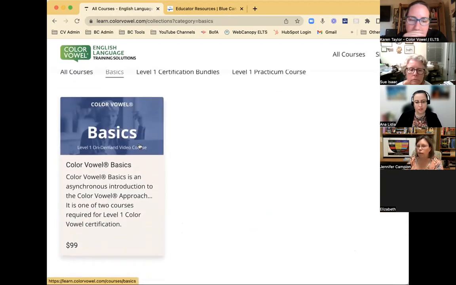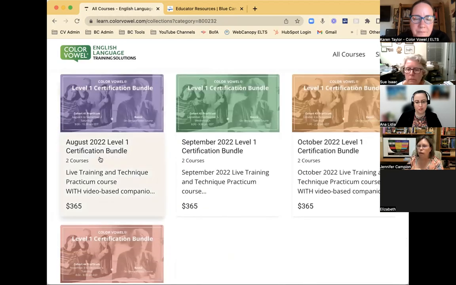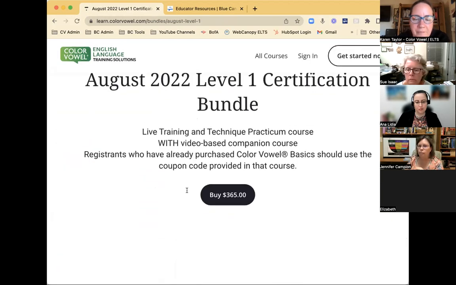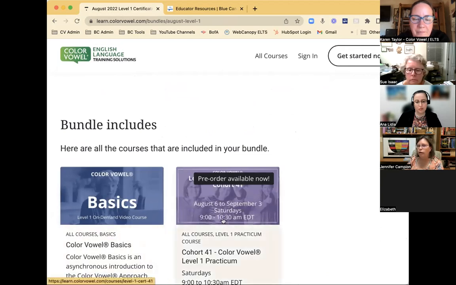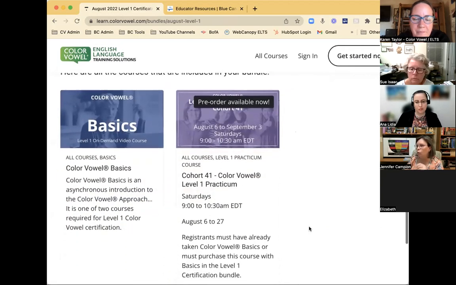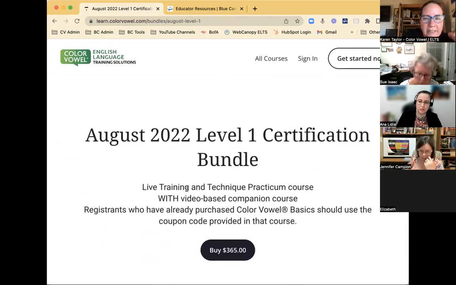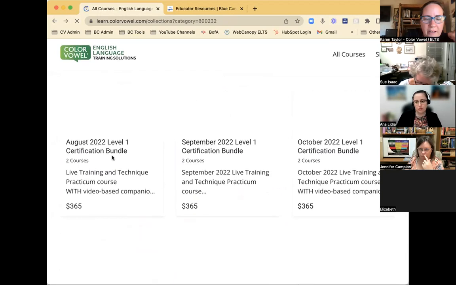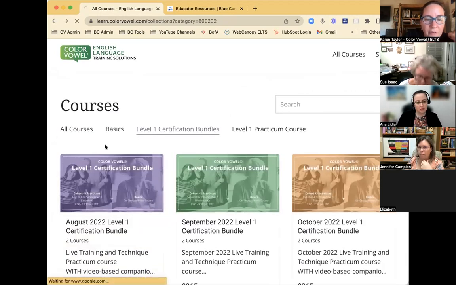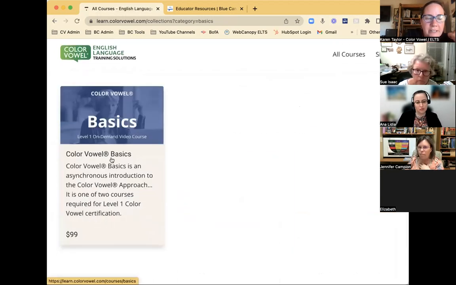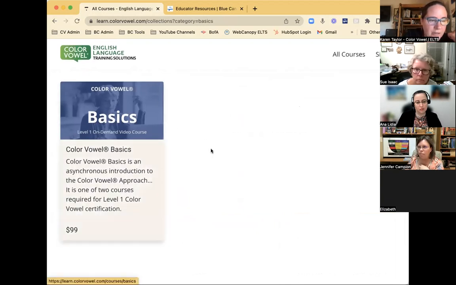So if you go to the bundles and just click on any one of those bundles, Karen, you'll see that there are the 2 courses right there. So in other words, Sue, if you know for a fact that you'll have a gap, like you want to do this now and the other thing in September, I think what we're recommending is that you buy the basics by itself and then purchase the other course in addition.